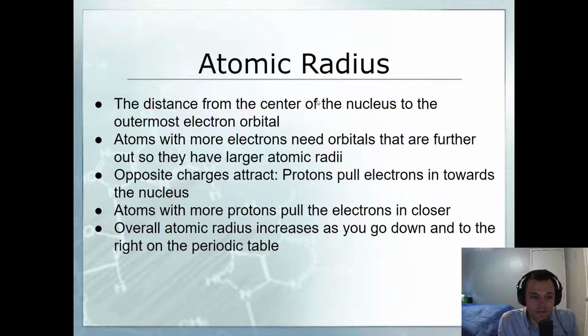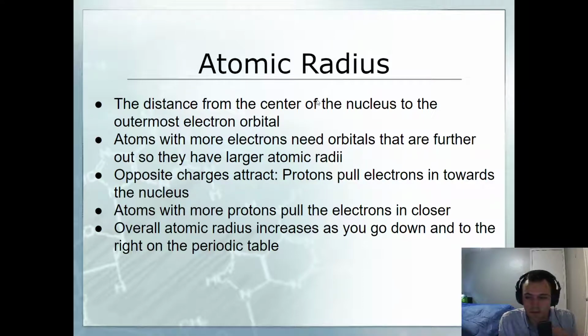The other thing that affects atomic radii is that opposite charges attract. Like when you've got a magnet and you have the north pole and the south pole of two magnets, they'll stick together. If you've got two north poles, they push each other apart. In the atom, the protons are positively charged, the electrons are negatively charged, so they're opposites, and they want to get close to each other.